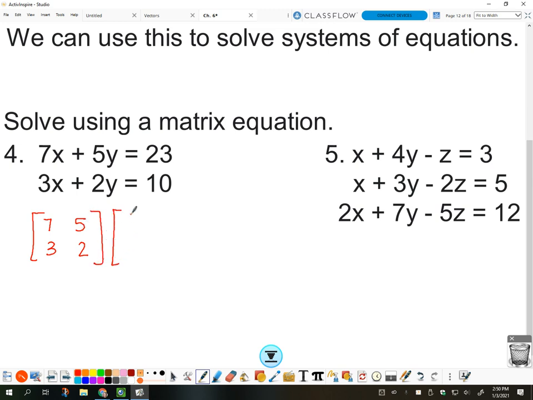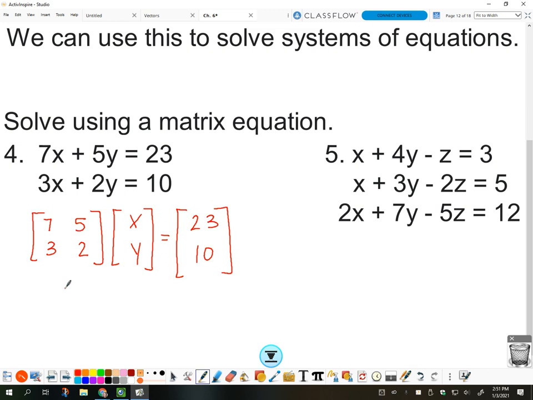Then you need a matrix of your variables. So x, y in a column. Equal to a matrix of your constants.